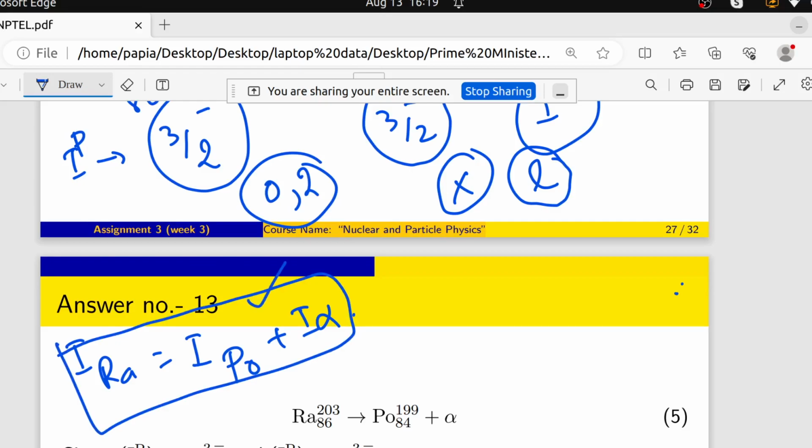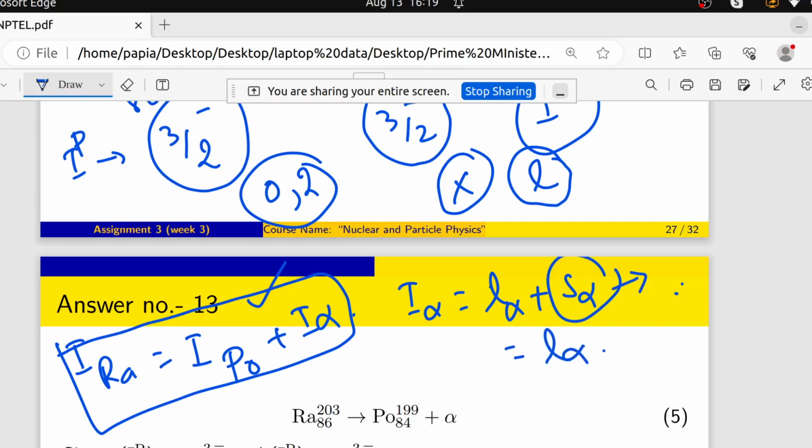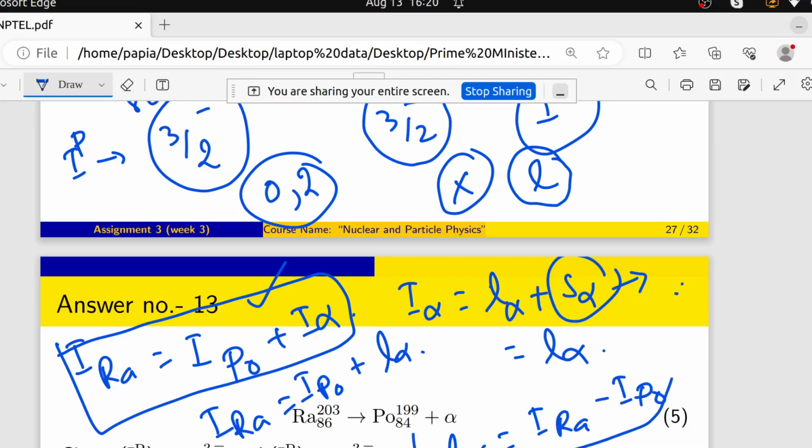I alpha is total angular momentum, that means I alpha is L alpha plus S alpha. As S alpha is 0, we are talking about L alpha only. Now we are just changing sides: I of Ra equals I of Po plus L of alpha, so L of alpha is I of Ra minus I of Po. We have done only that much.